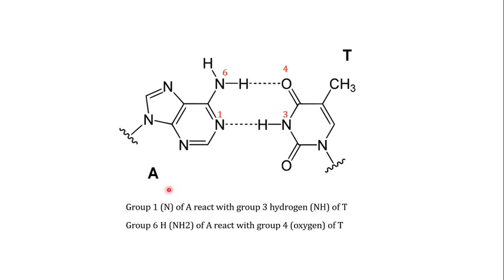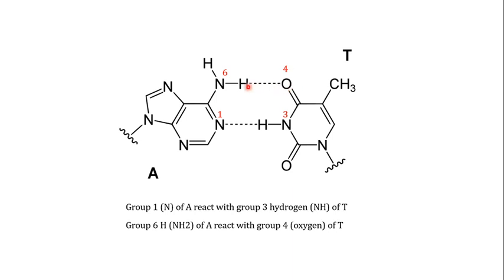If you talk about the adenine and the thymine, you can see over here you are making 2 hydrogen bonds. In the adenine, position number 1, the nitrogen, the NH2 of the adenine, this particular position number 1 is actually interacting with the position number 3 of the thymine, and the position number 6 of the adenine is actually interacting with the position number 4 of the thymine.